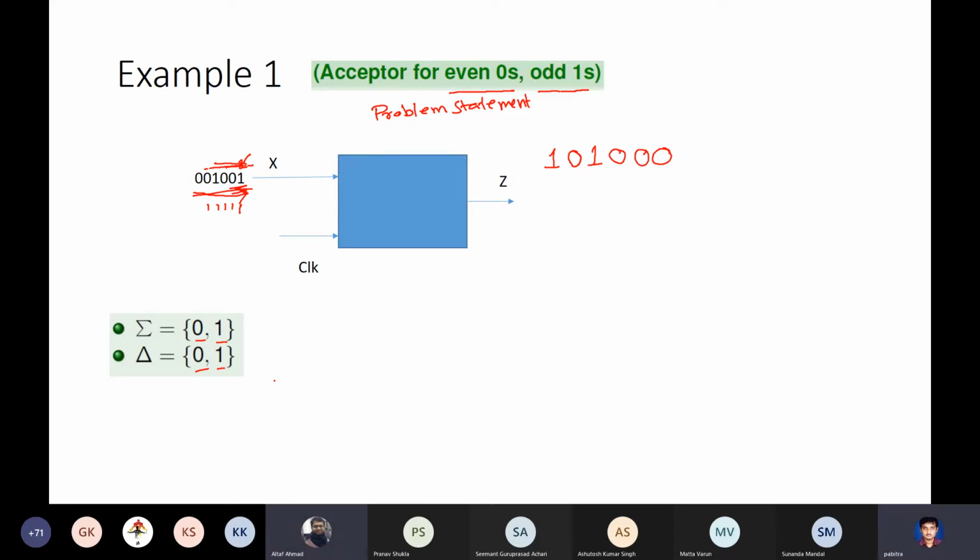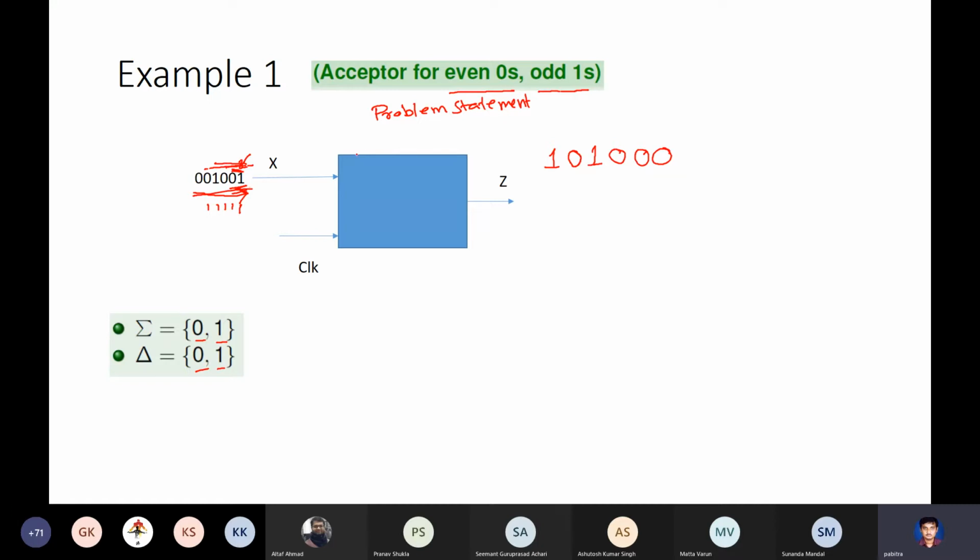Okay, so what we will do is look at the bits.